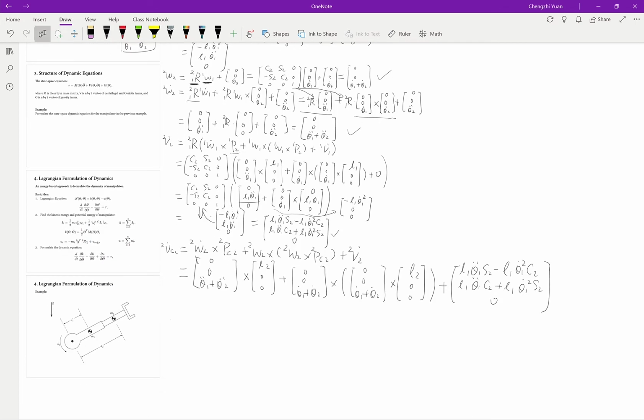So then you do the cross product, and it gives you 0, L2 times theta 1 double dot plus theta 2 double dot, 0, plus 0, 0, theta 1 dot plus theta 2 dot cross product with 0, L2 times theta 1 dot plus theta 2 dot, 0, and then plus this guy.